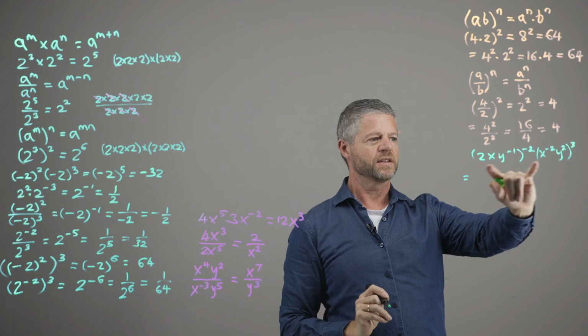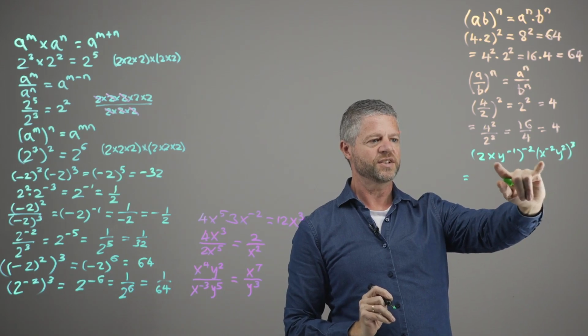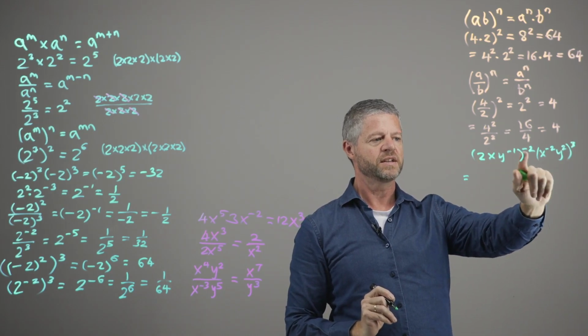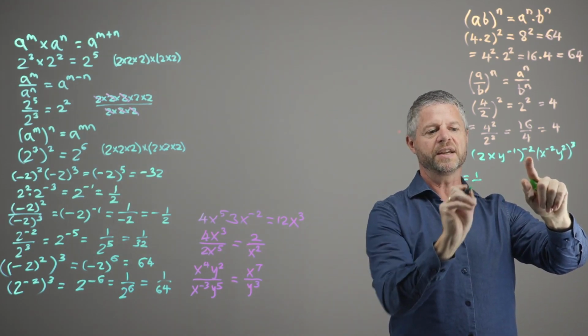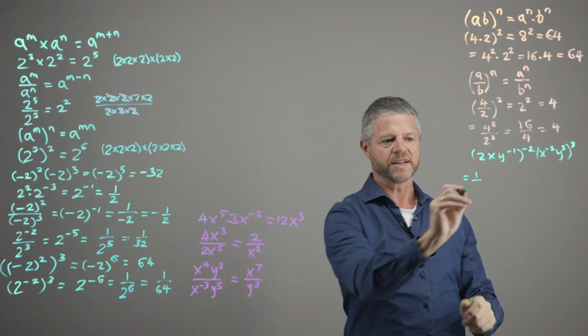So looking at any constants first, I've got a 2 here to the minus 2, so that's going to be 4 in the denominator.